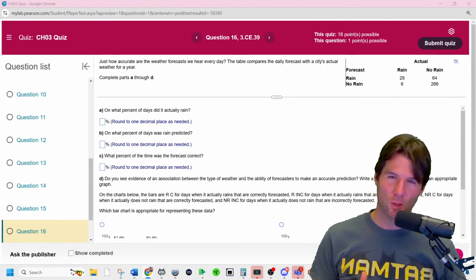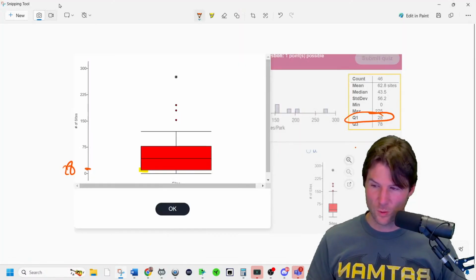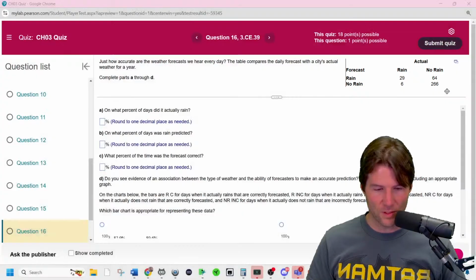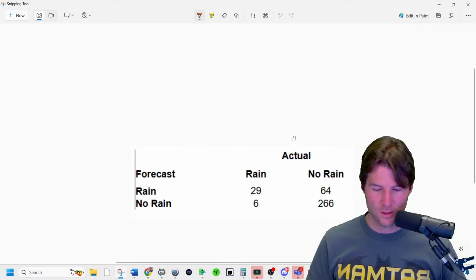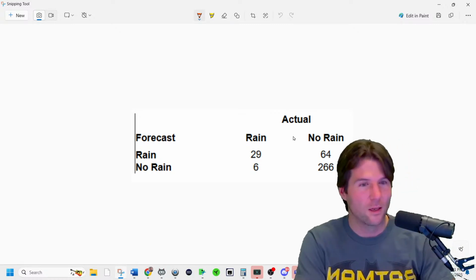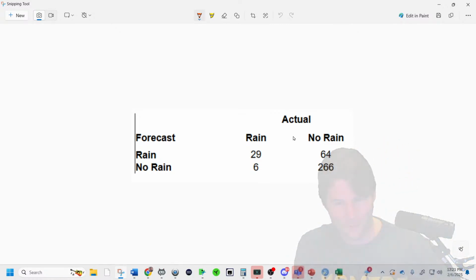You first have to know what you're looking at with this question. We have a contingency table up here. What does actual mean? When you walk outside and it's actually raining, what does that mean? No worries, David, we're going to get it right on this attempt.